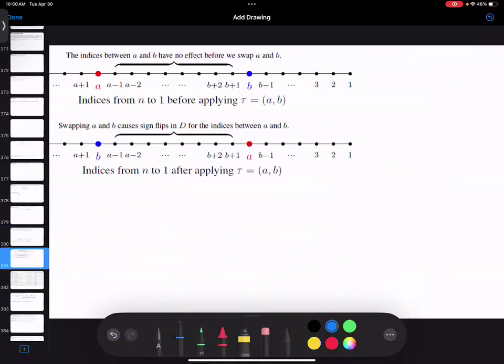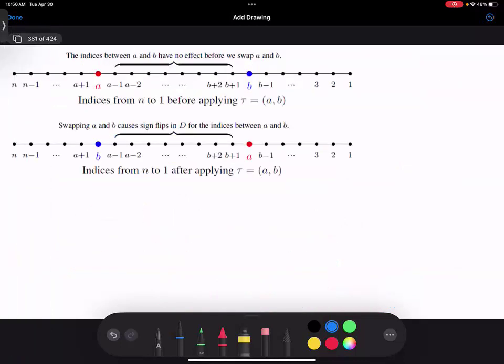And so the book does a really nice job of writing things down. So let's imagine we have the transposition tau AB with A greater than B. And we want to see, what does this do to the different factors? A lot of times it does nothing.